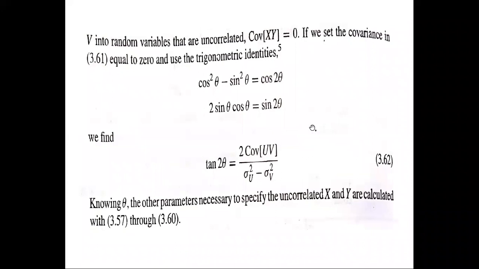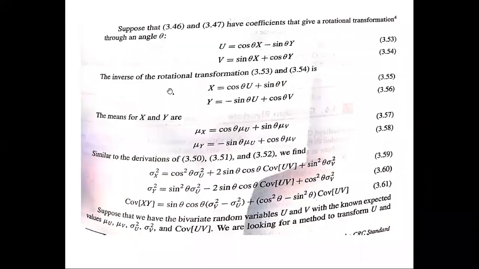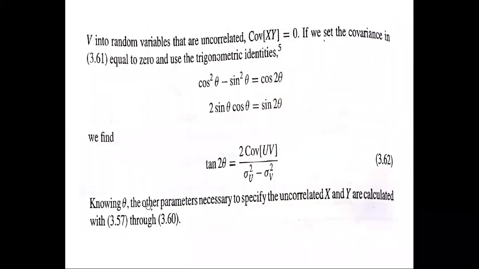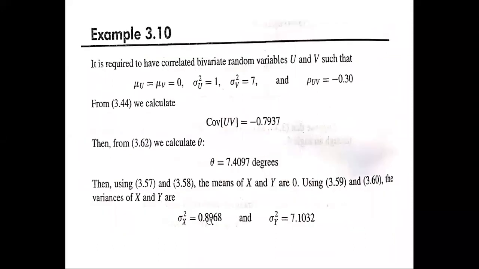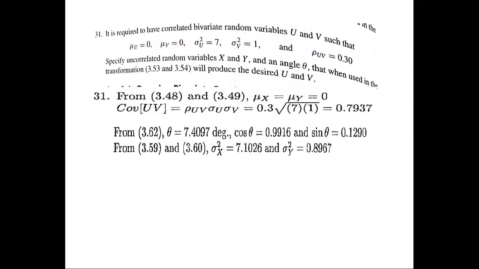We are given that mu u and mu v are equal to 0. Therefore, mu x and mu y also will be both zeros. Further, the variances sigma x squared and sigma y squared have to be found using those formulas. If we find that, we get sigma x squared equal to 0.8968 and sigma y squared equal to 7.1032.